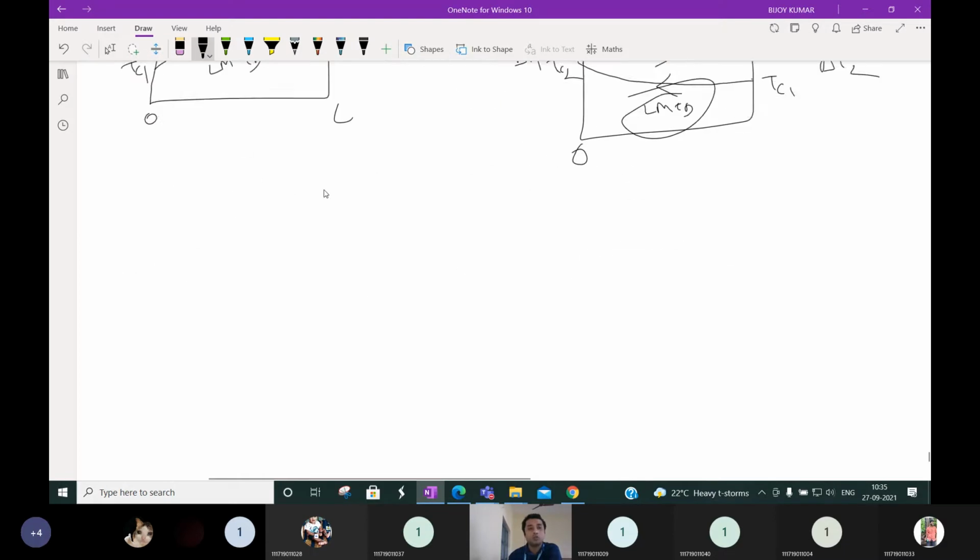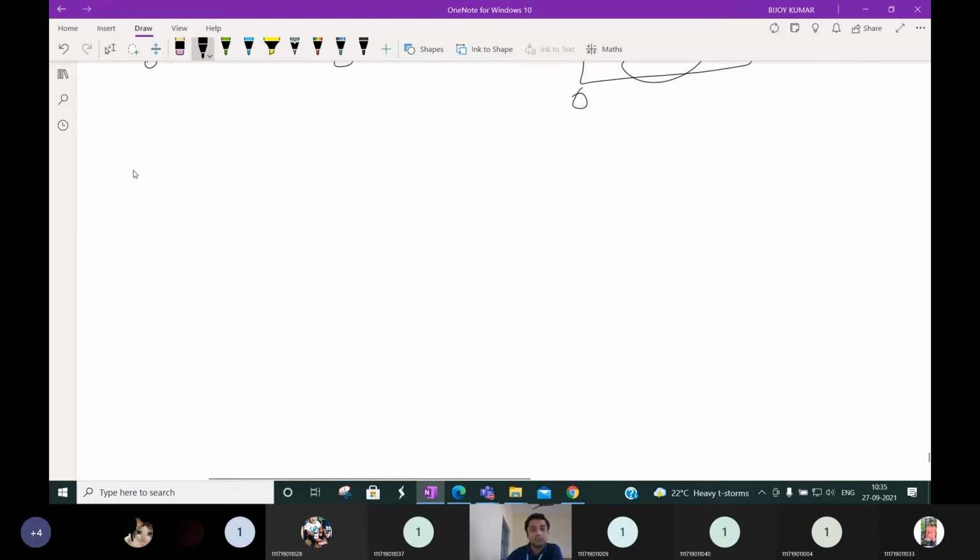My next question: suppose for any flow, delta T1 comes to 30 Kelvin and delta T2 comes to 30 Kelvin. Can you calculate the LMTD? All of you, please use a calculator and the LMTD formula you know.